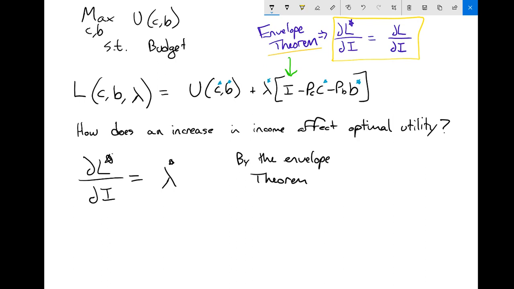That means I used the envelope theorem to do this calculation. Using the envelope theorem makes it much, much easier. Okay, so how does an increase in income affect optimal utility? Well, it affects it by lambda.